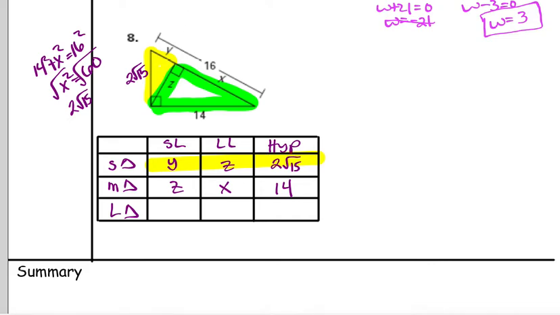And then in the overall triangle, the largest triangle here, the short leg is the hypotenuse of the small triangle. The long leg is the hypotenuse of the medium triangle, and then the hypotenuse here is 16. So the table creates proportions that you can use and solve with to find the missing pieces of the triangle.